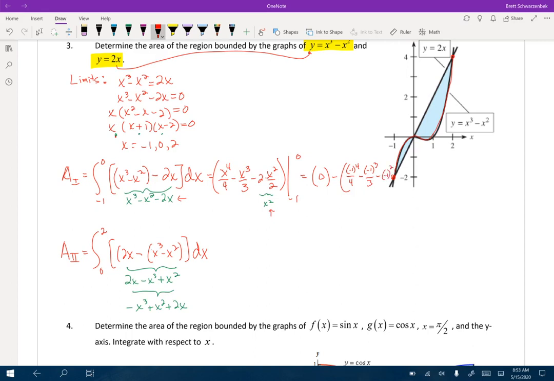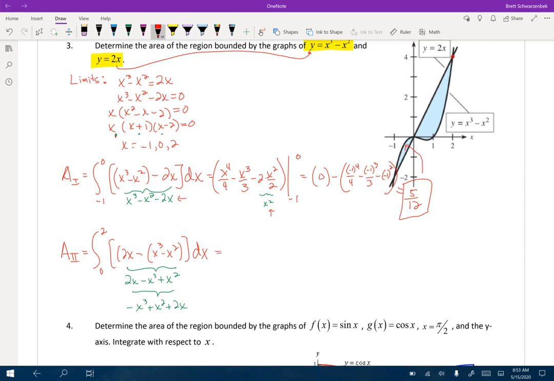Let me get rid of the other marker here so it stands out. If we do the math and put it all together as a whole here, we're going to end up with positive 5/12 as our area. So the area of region 1, which is this region in here, is going to be 5/12.